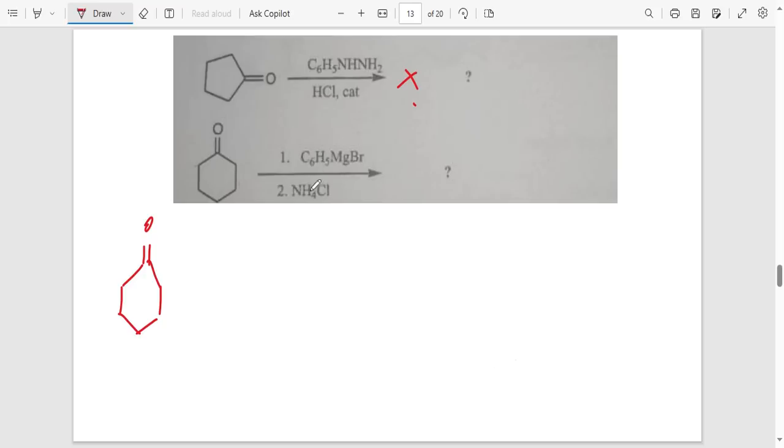Look at what we have. What reagent is this? We talked about this already. What reagent is that? Maybe you can see it is C6H5MgBr.